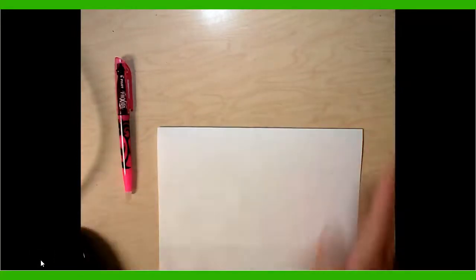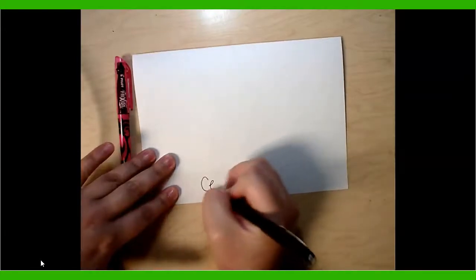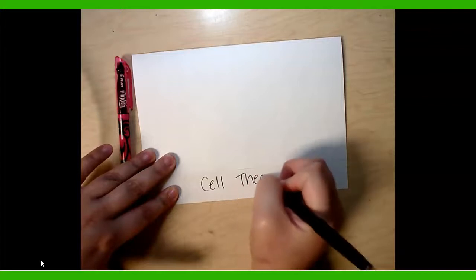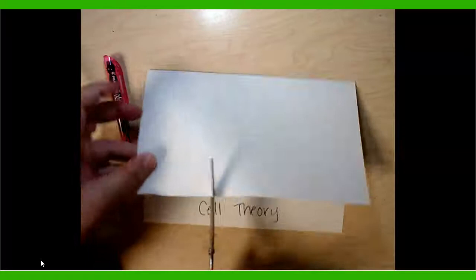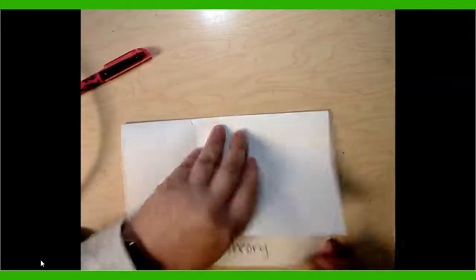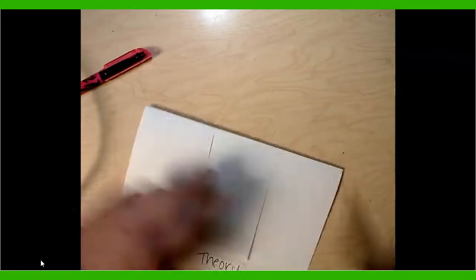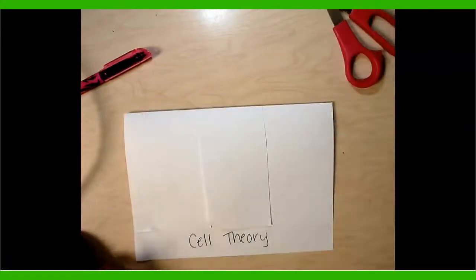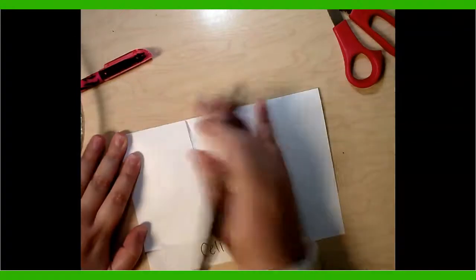Okay, and then down here at the bottom where you have this little tab, you're going to write cell theory. And then we're going to cut these into 3 flaps. So for the first part, we're going to write the 3 parts of the cell theory.